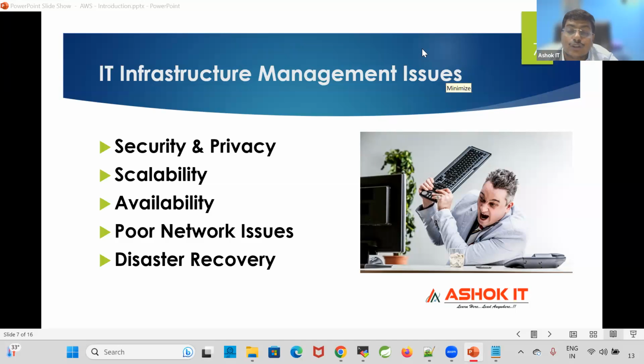Can you say that today there is heavy rain in Hyderabad, we are not getting the internet connection properly, so our network is not good, the application will not run? Can we say that? No. Can we say today there is an earthquake in our area, our building collapsed, our systems collapsed, we lost our data?